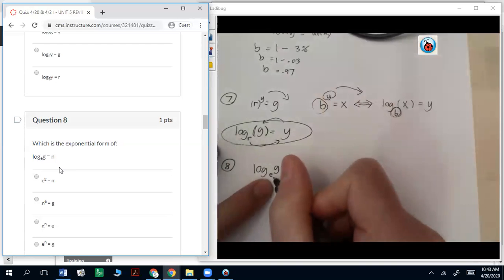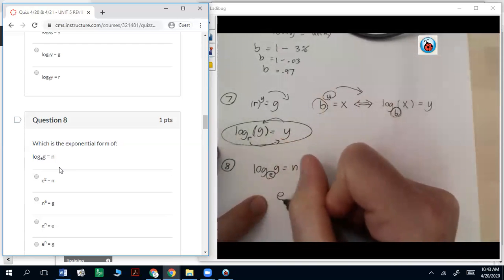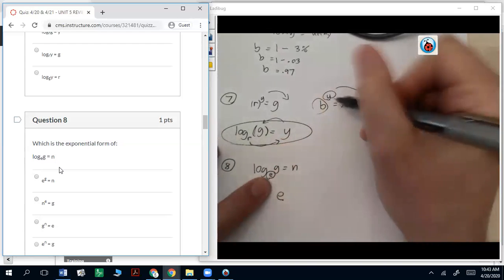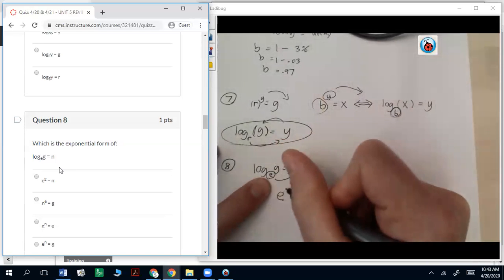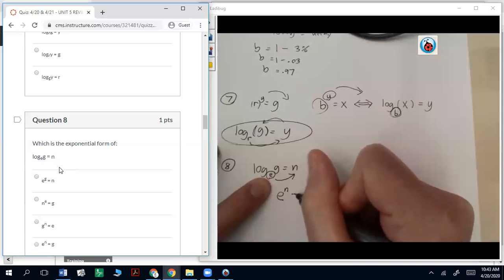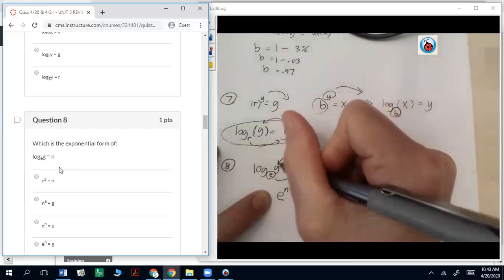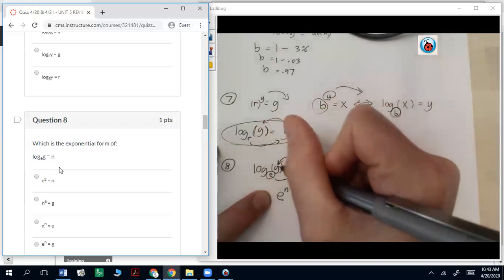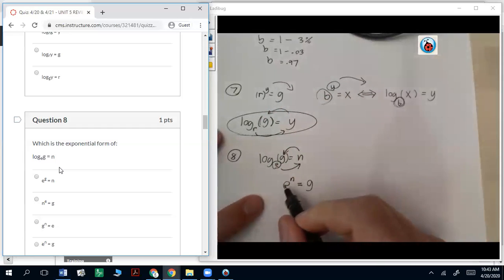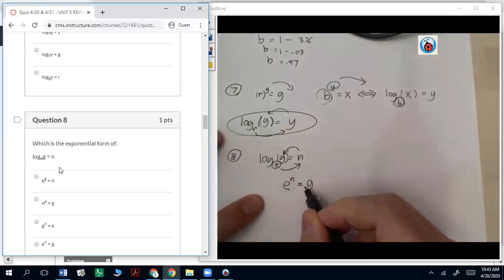So in this case, the base of your exponent is e. The power we raise it to is what's after the equal sign. So we go out to the other side, that's your power. And then we set it equal to what's actually in the log. So the g is the value inside the log, not the base. So it's e to the n equals g.